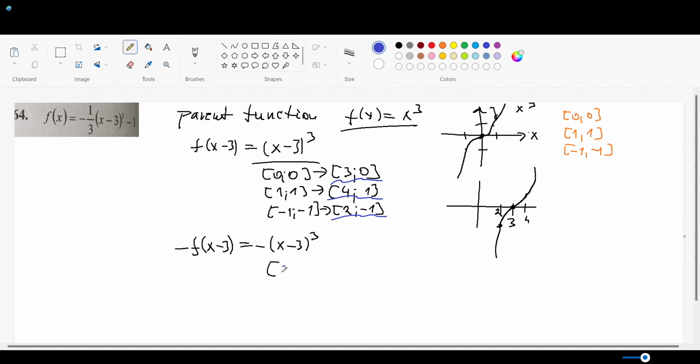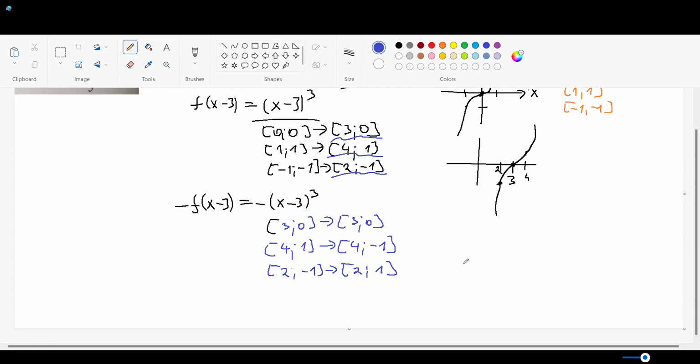Point 3, 0 remains the same, since negative 0 is 0. The next point, 4, 1, would be transformed to 4, negative 1, and our point 2, negative 1 will be transformed to 2, positive 1. So our chart would look like this.